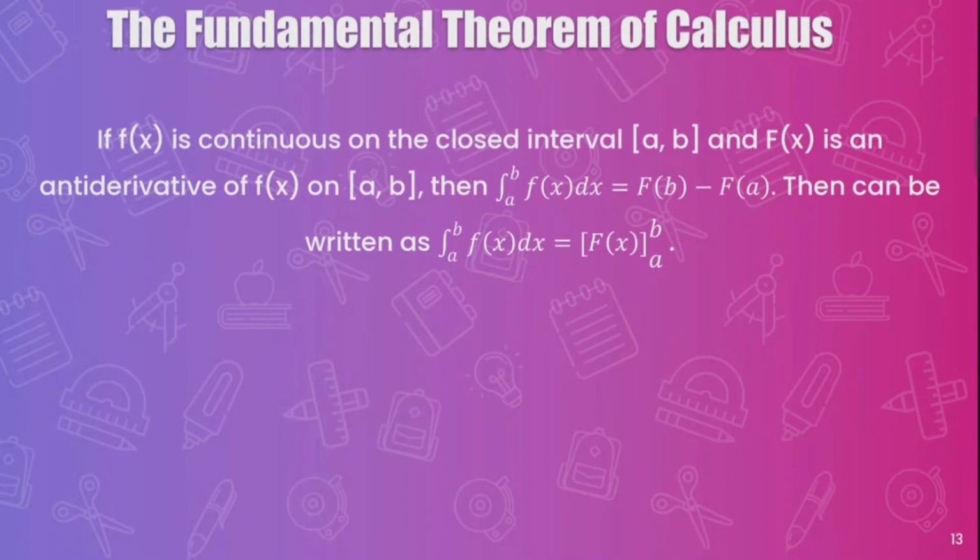If f of x is continuous on the closed interval and capital F of x is an antiderivative of f of x on [a, b], then the integral from b to a of f of x dx is equal to F of b minus F of a.